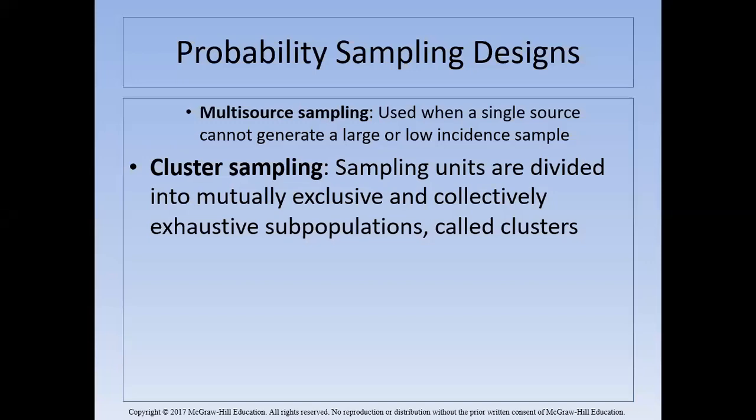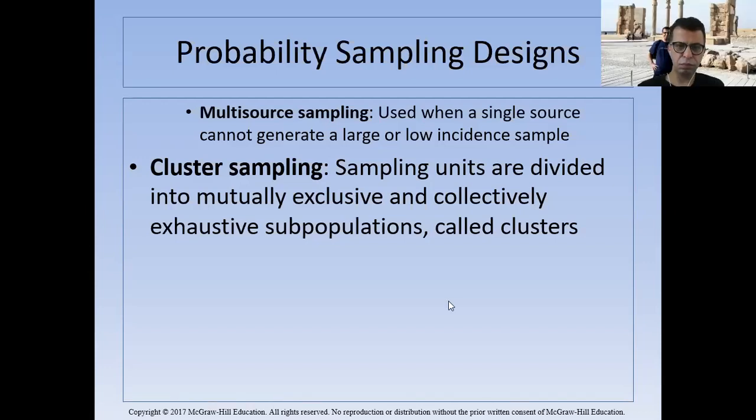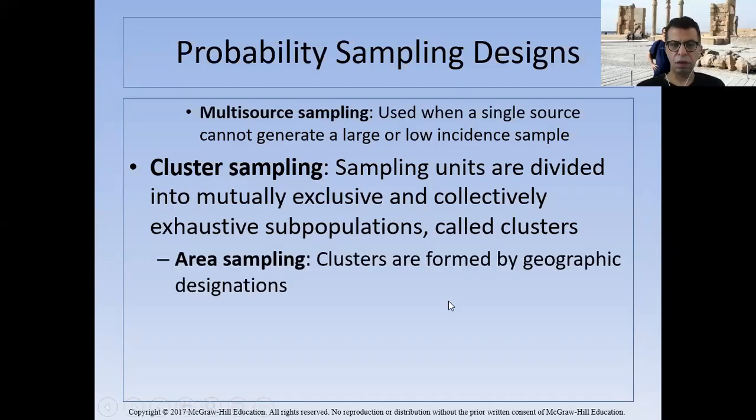And cluster sampling is sampling where the population is divided into mutually exclusive and collectively exhaustive groups. So as I said, when you are in a mall and you say, I'm just going to sample a group in the food court, that's area sampling, or cluster sampling.